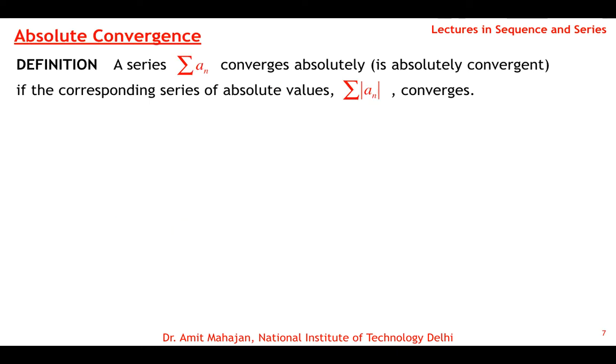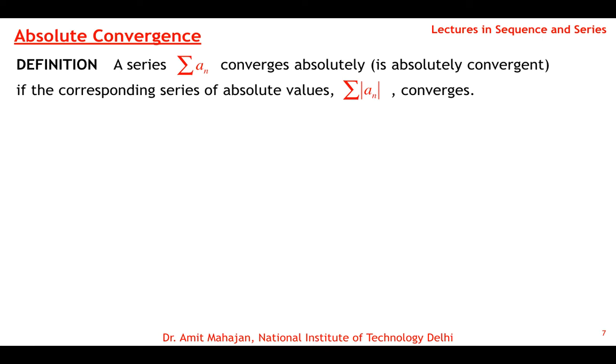Now I take another definition here. So far, what we did were numericals based on series where all the terms are non-negative. But what will happen when some of the terms of a series are positive and others are negative?